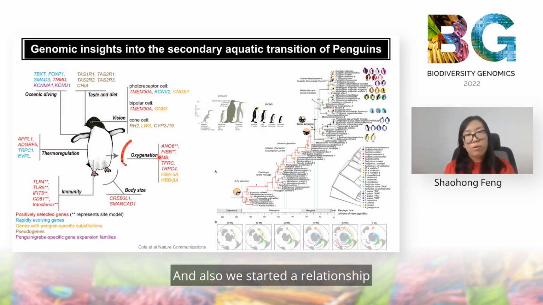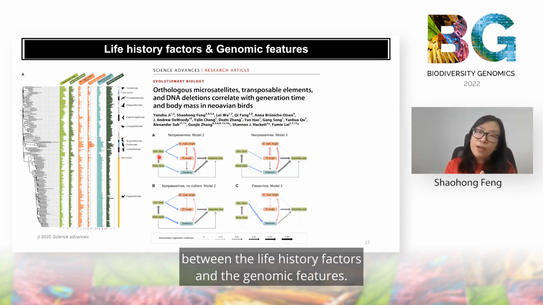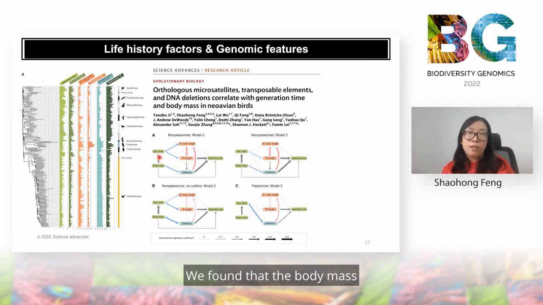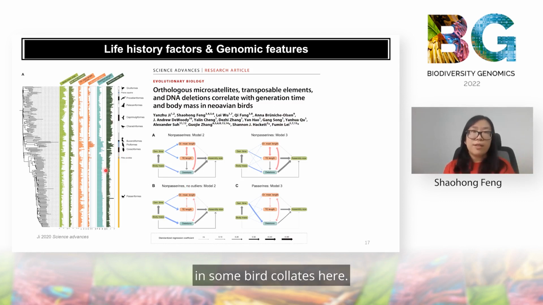And also we studied the relationship between life history factors and genomic features. We found that body mass and generation time were linked with the accumulation of mutations and further influence the genome features in some bird clades in here. So this is what we did.